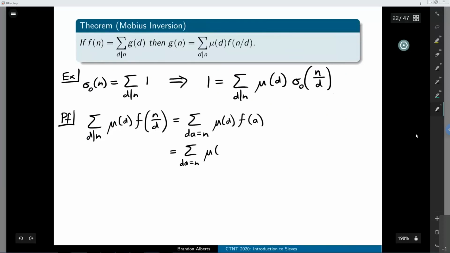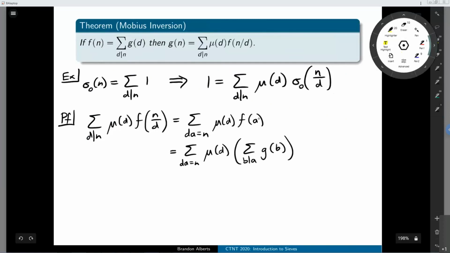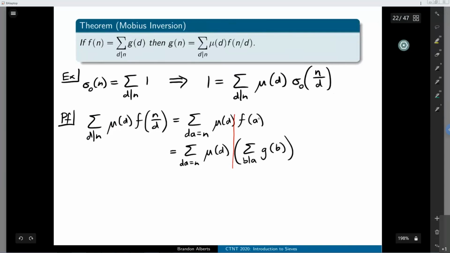And so the reason why we want it to be written like this is f over a is very easy to write by assumption as a sum of values of g. So this is exactly this formula up here. So that's the one thing we know about this function. It's the one thing we're assuming.